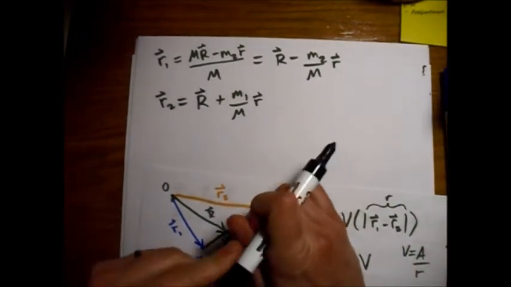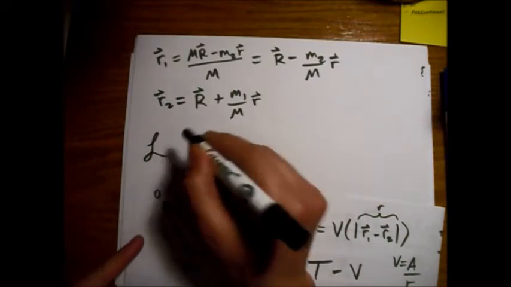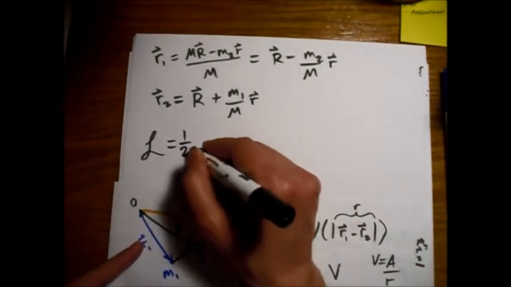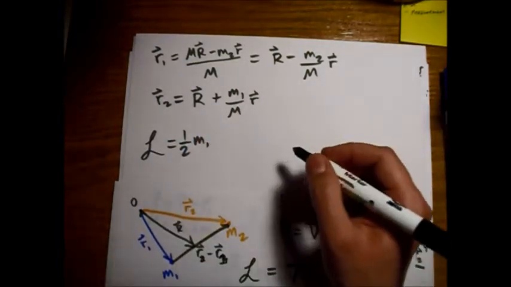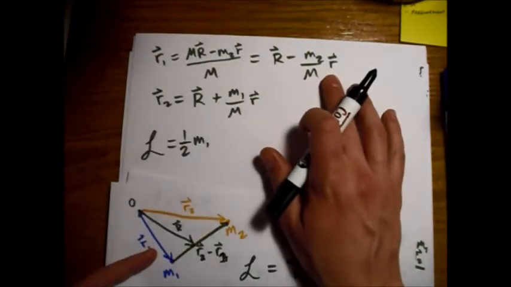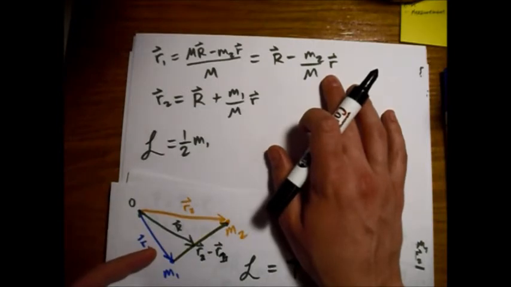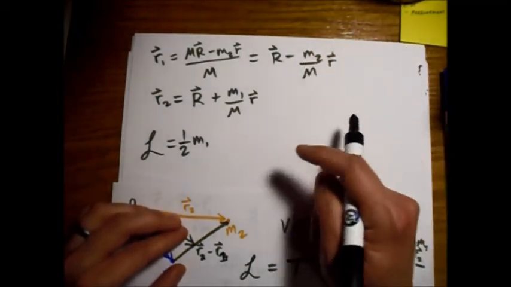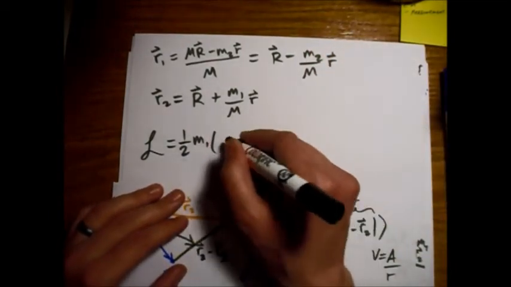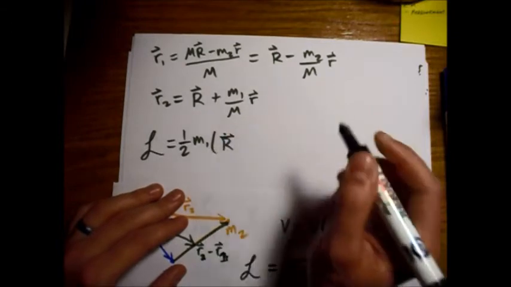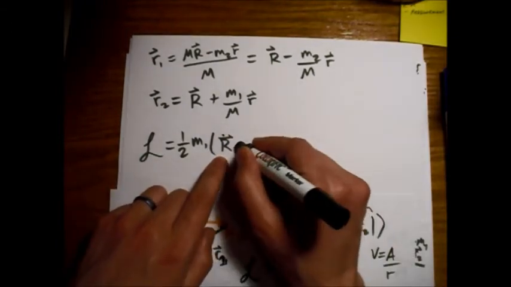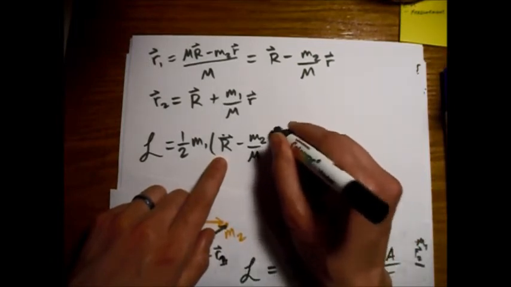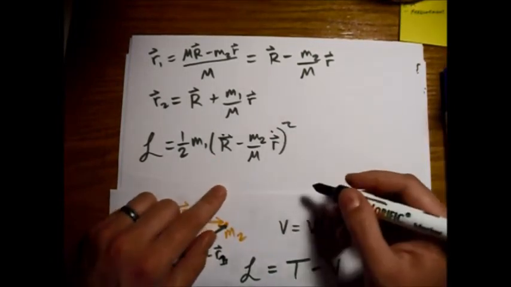So here we have our Lagrangian equals 1/2 m1. Now we need to take the time derivative of r1 and then square it. One good thing is we know that the masses aren't going to be changing. So that's just the time derivative of big R minus M2 over big M, time derivative of the little r, squared.